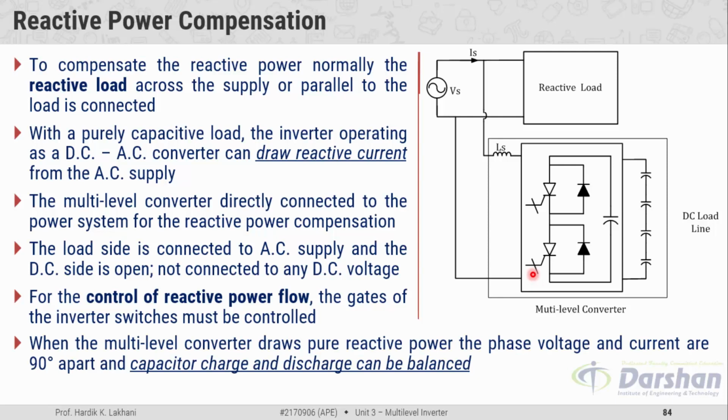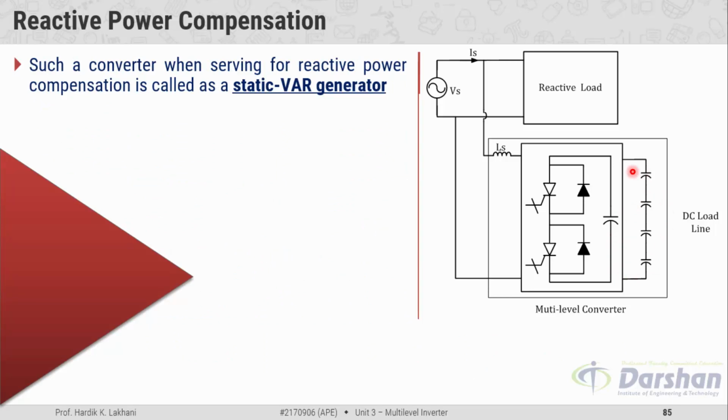And when the multi-level converter draws pure reactive power, the phase voltage and current are 90° apart, and capacitor charging and discharging can be balanced. Such a converter, when serving for the reactive power compensation, is called a static volt-ampere reactive generator.